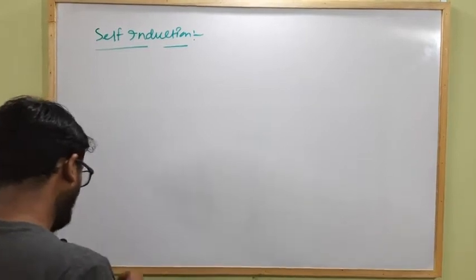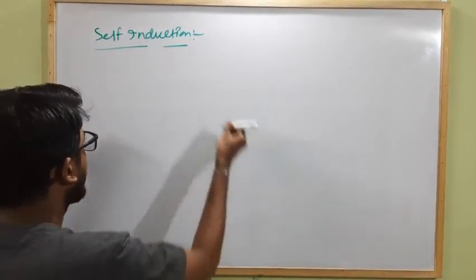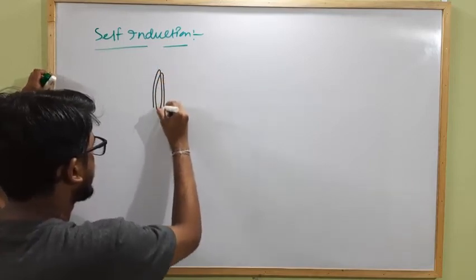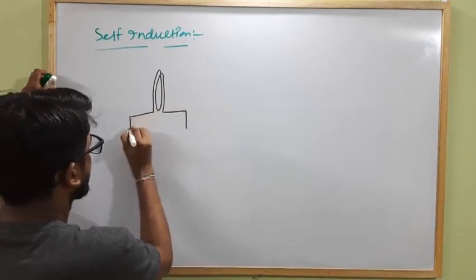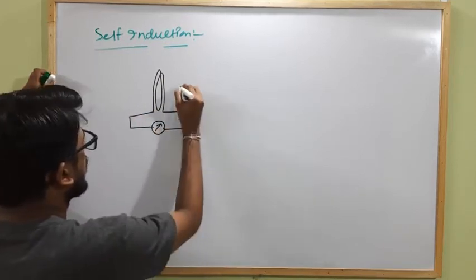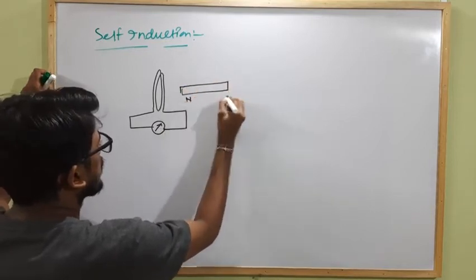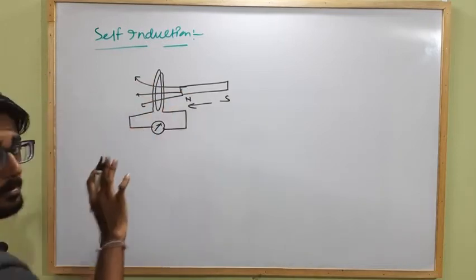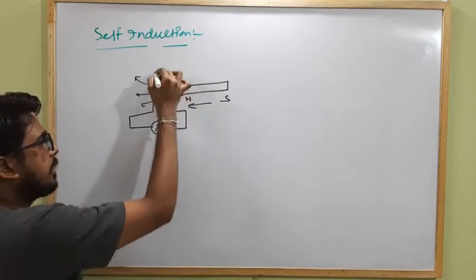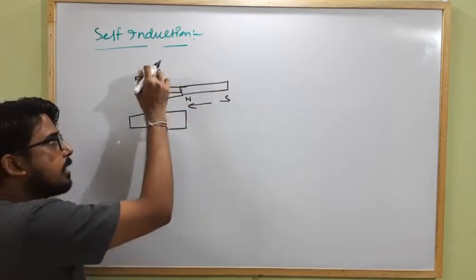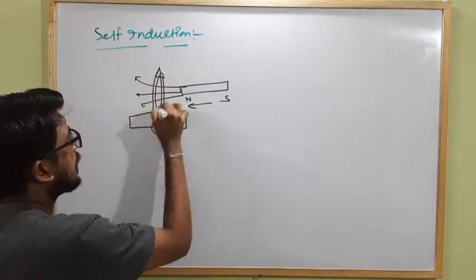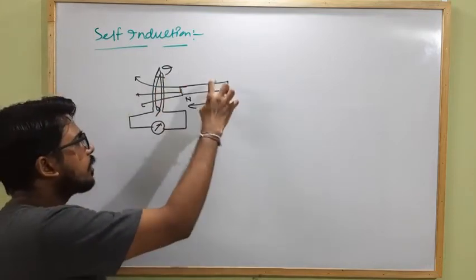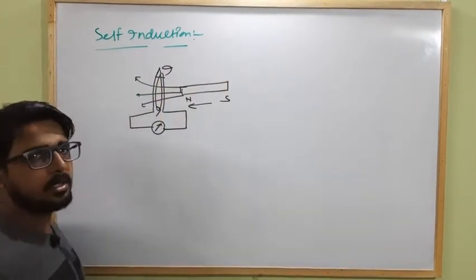We already know that when in a coil, if the magnetic field, north pole and south pole, the magnet starts moving along this direction, the magnetic field linked with this coil changes. Clear? Due to change in magnetic field, the flux linked with this coil changes and the coil starts flowing a current, an induced current within it. Clear? Here the cause of induced current is the change in magnetic flux linked with this coil.